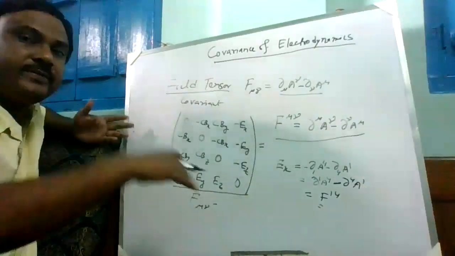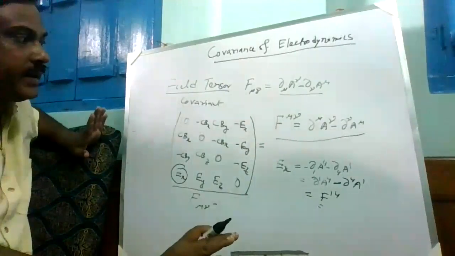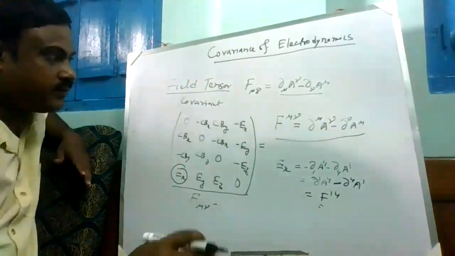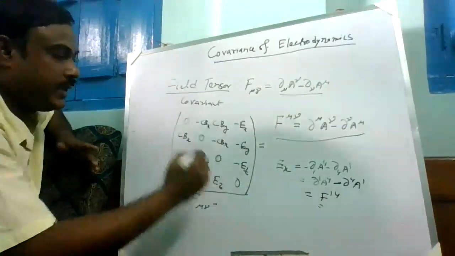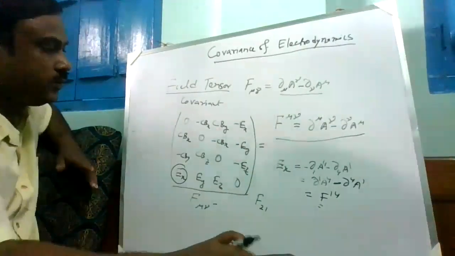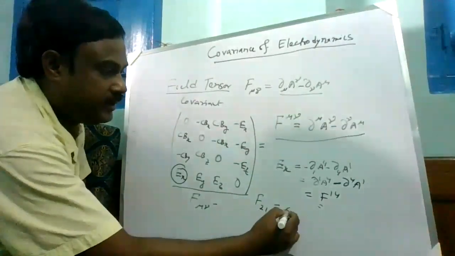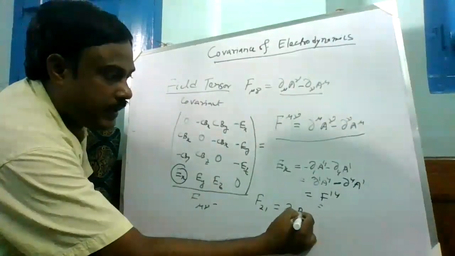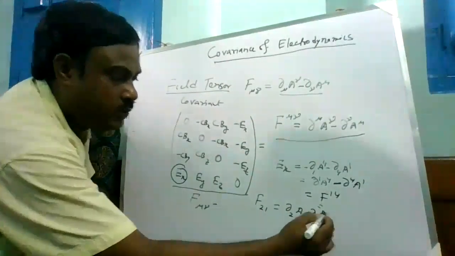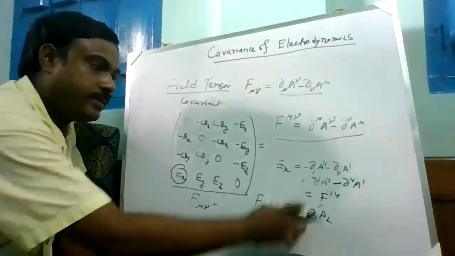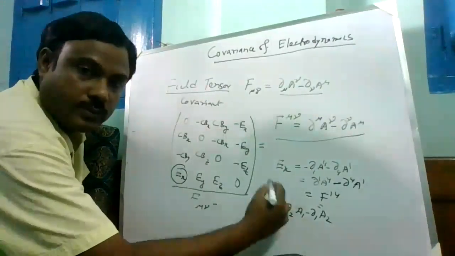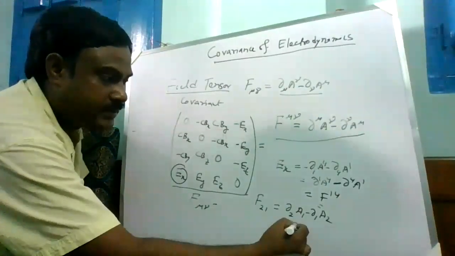And for the magnetic fields, for example, F21 was written as del 2 A1 minus del 1 A2. Now I am raising the indices. So del 2, if I raise this, there will be a negative sign.